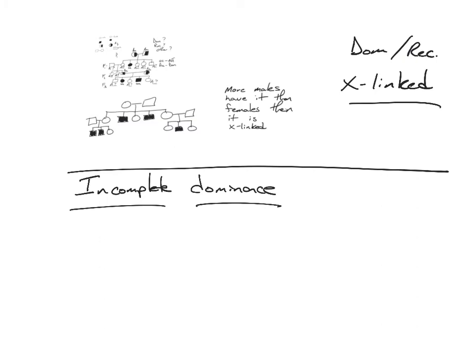So what would an incomplete dominant look like? First of all, we don't use big R, little r, for instance. Let's just use R as our letter. We would use big R and then big R prime.